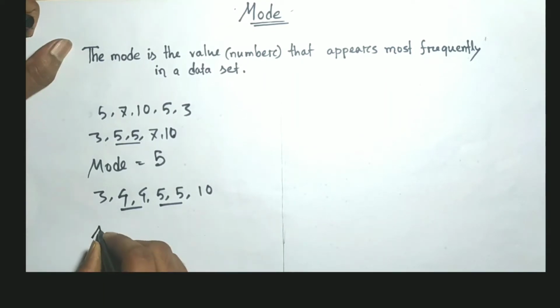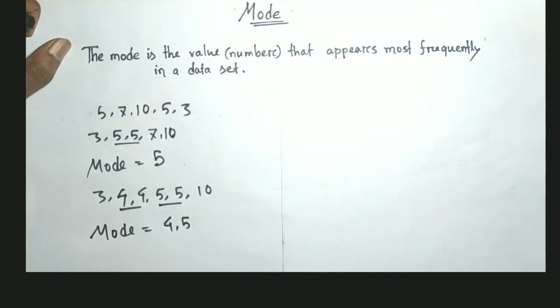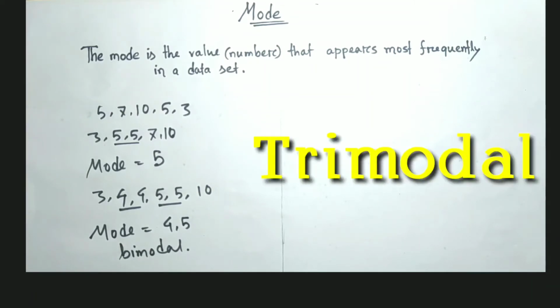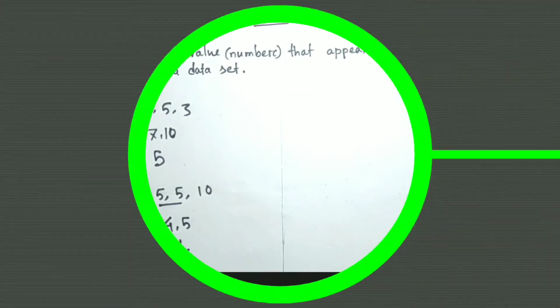That means we can say that the mode of this data is 4 and 5. And if a dataset has 2 modes, then it is bimodal data. Similarly, if any data has 3 values as a mode, it will be trimodal, and with more than 2 modes it is called multimodal data.